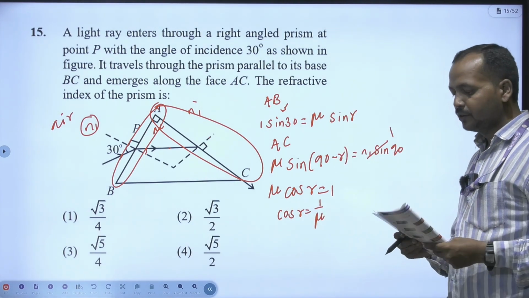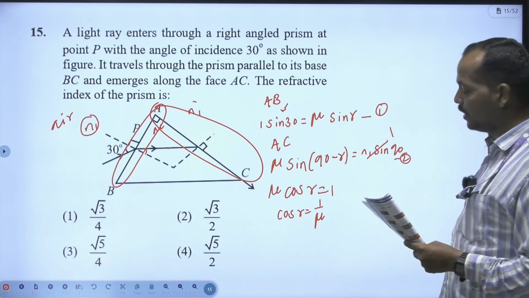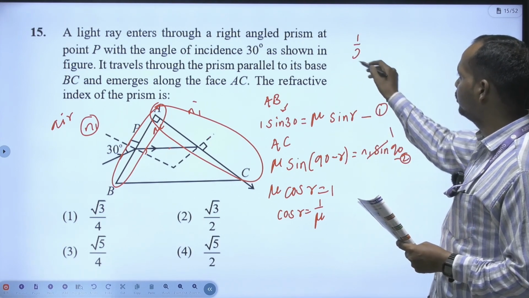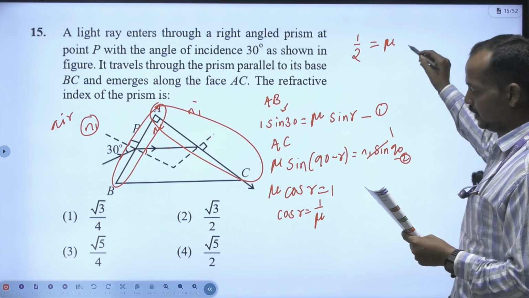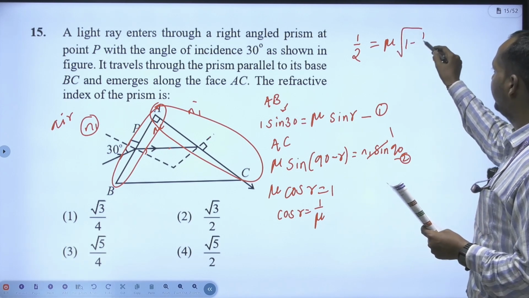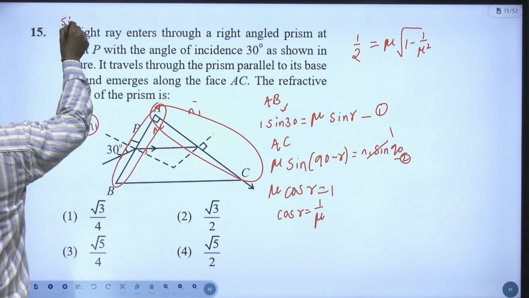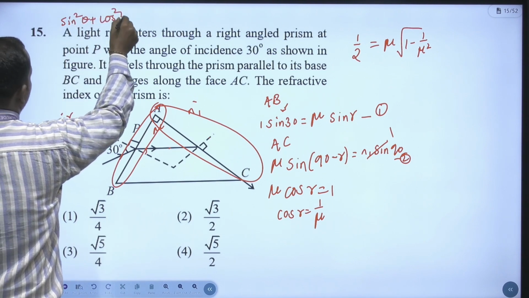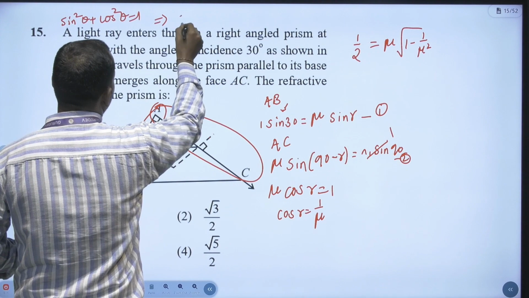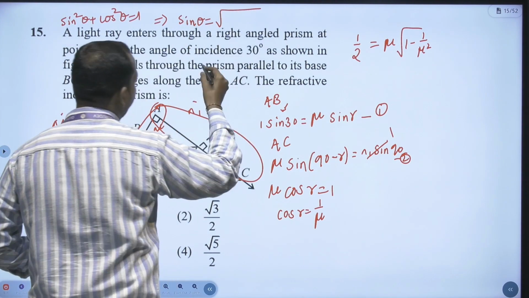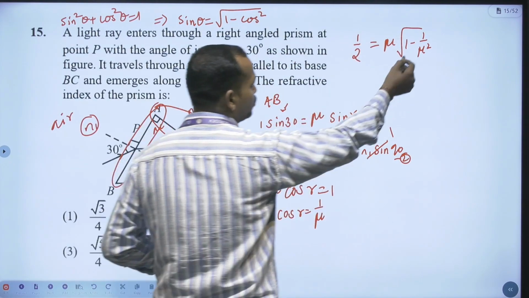So from equation number 1 and 2, sin 30, which is 1 by 2, is equal to mu times the square root of 1 minus 1 by mu square. How did I get this? We have the identity sin square theta plus cos square theta is equal to 1. Then sin theta equals the square root of 1 minus cos square theta, where cos is 1 by mu, so cos square is 1 by mu square.